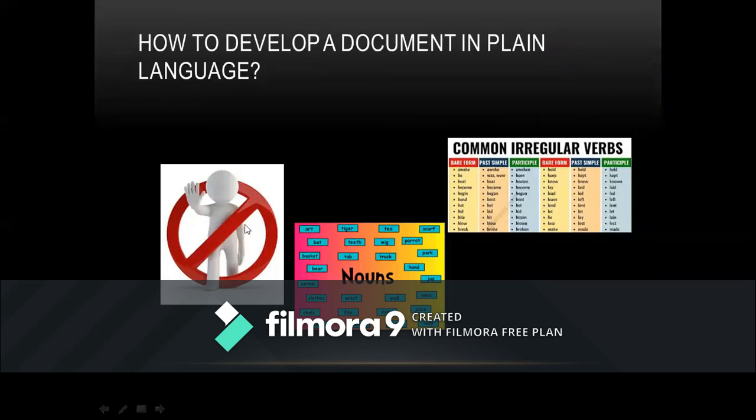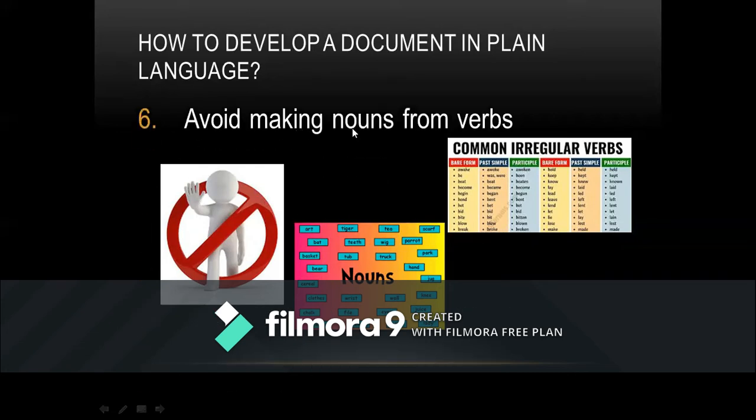So, next is, okay. Stop making nouns from verbs. Okay, so it says here, avoid making nouns from verbs. Ganun lang siya. So, ano ba yung mga nouns na pwedeng mga gawing verbs? Alam niyo yung gerund? Okay, yung gerund na ing, making. Making is what?